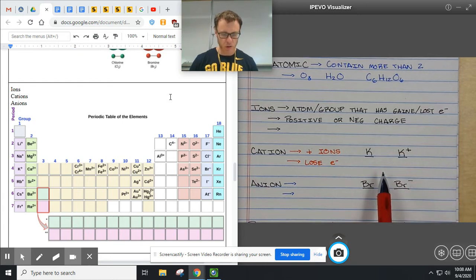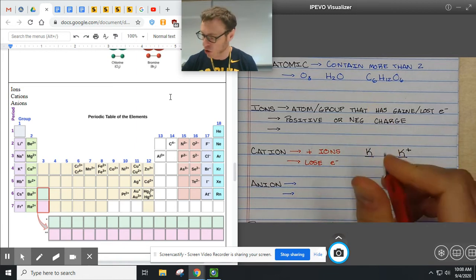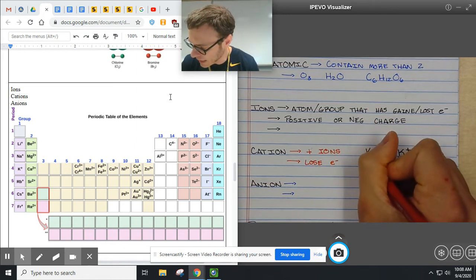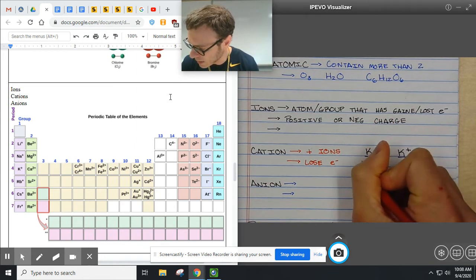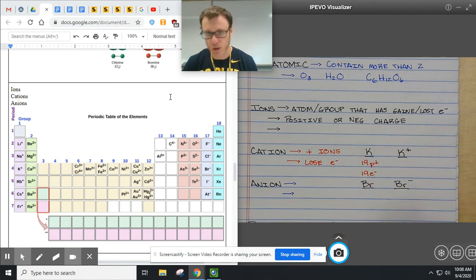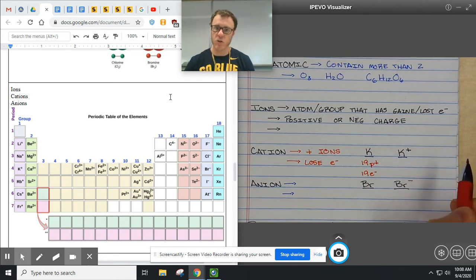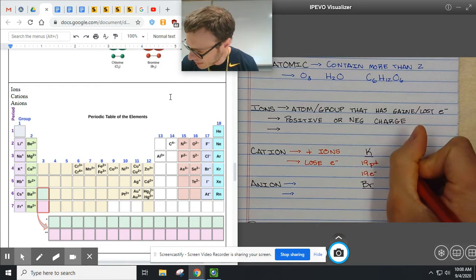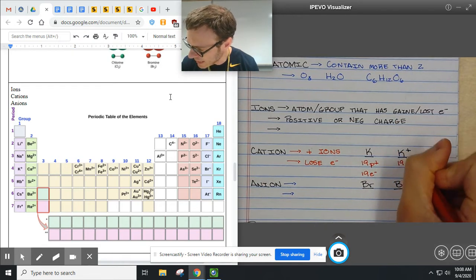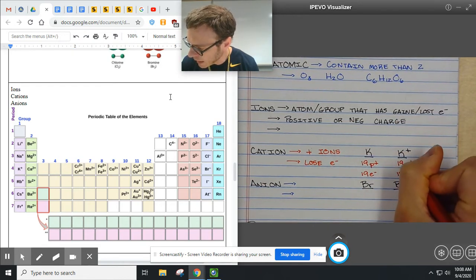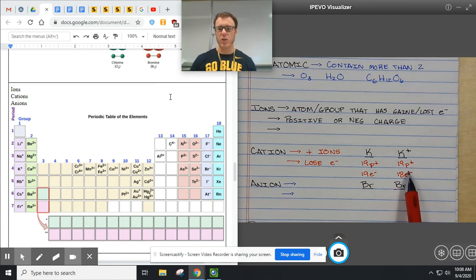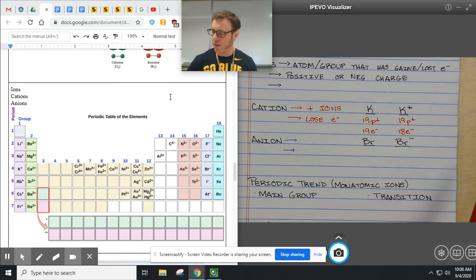Here's our little example. Potassium has 19 protons and 19 electrons. But what potassium does is it'll lose an electron. So it still has 19 protons because it's potassium, but it will have 18 electrons. And this is a positive 1 ion because there's one more positive than negative.